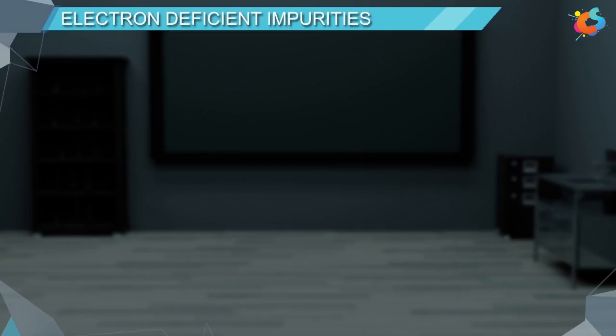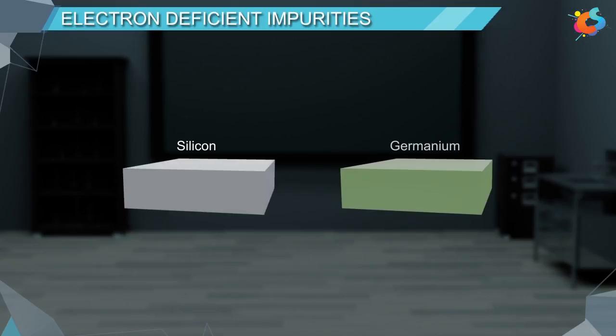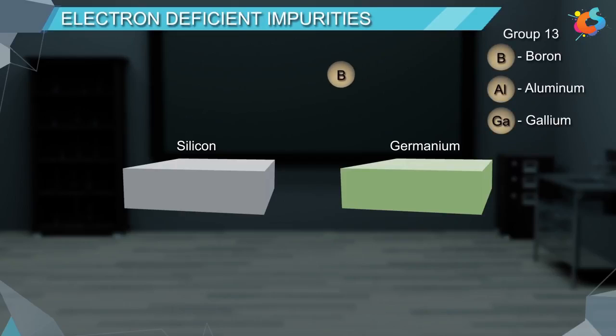Electron-deficient impurities. Electrical conductivity of silicon or germanium can also be increased by doping with a group 13 element such as boron, aluminium or gallium. Group 13 elements have only 3 valence electrons.